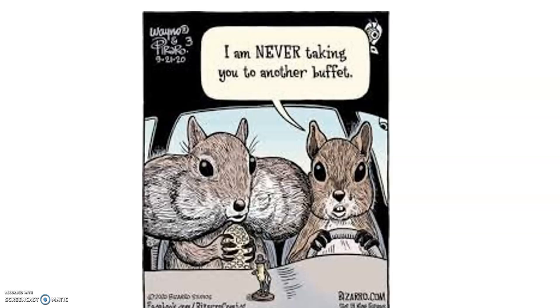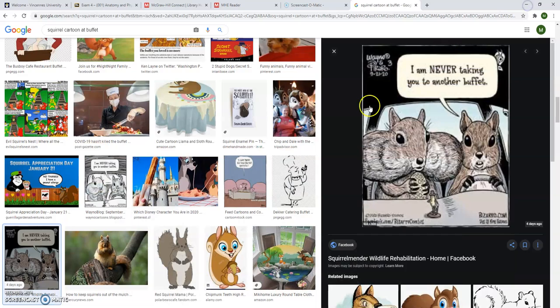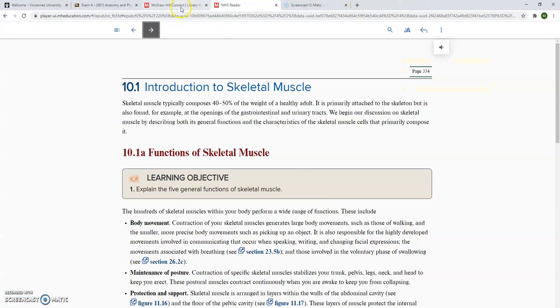So we are going to start talking about chapter 10 is what we're on. Chapter 10 talks about all three types of muscle tissue that we learned about in lab, so skeletal muscle and cardiac muscle and smooth muscle.